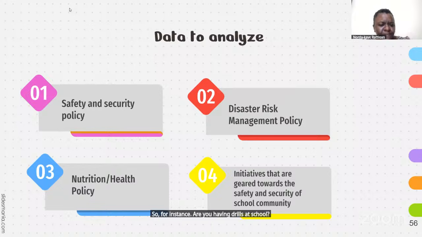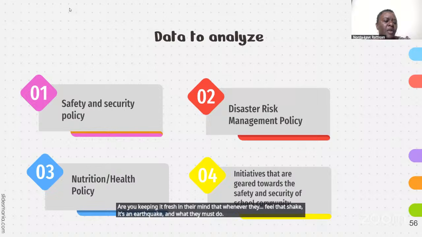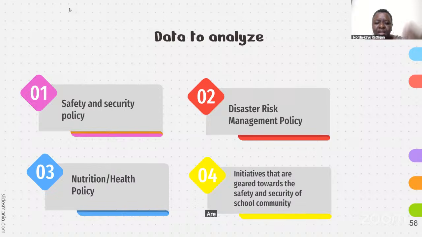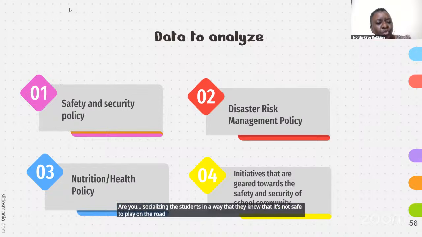Are you keeping it fresh in their mind that whenever they feel that shake, it's an earthquake, and what they must do? Are you socializing the students in a way that they know that it's not safe to play on the road? It's not safe to go with strangers, because sometimes the parents don't do these things.